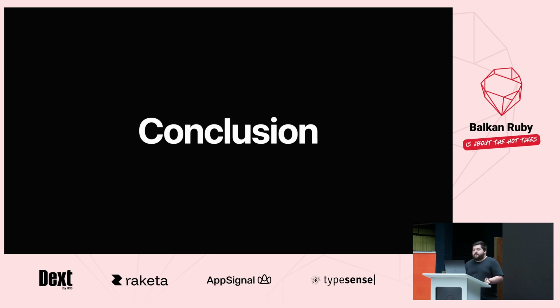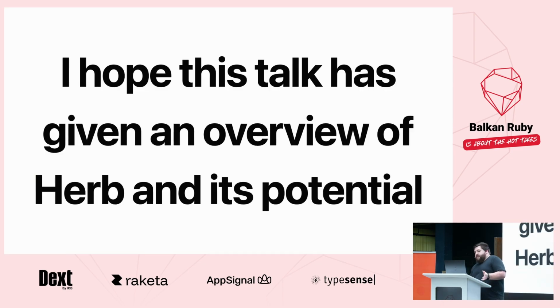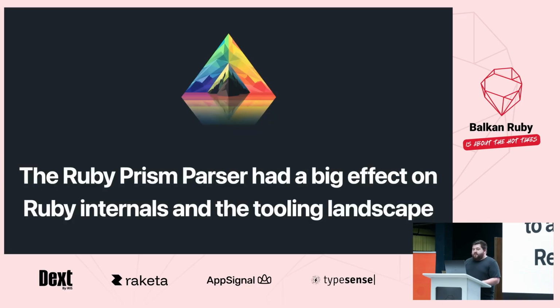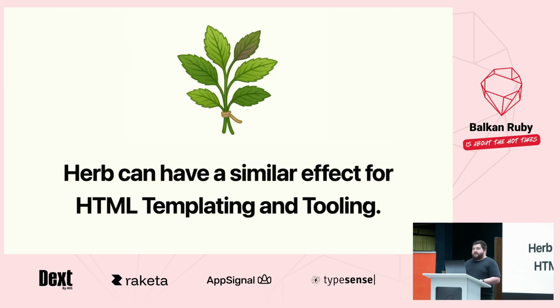To conclude, I hope this has given you an overview of Herb and its potential, and how we are trying to achieve reactivity in ERB. I think the Prism parser had a big effect on the Ruby internals and all the tooling in Ruby, and I believe that Herb itself can have a similar effect on HTML templating and tooling.